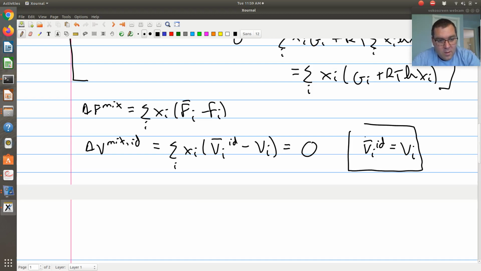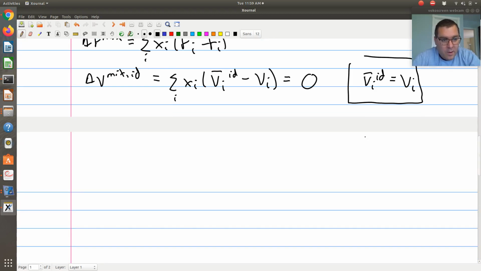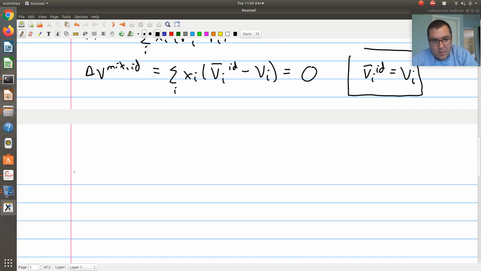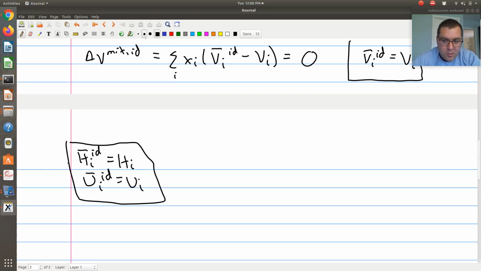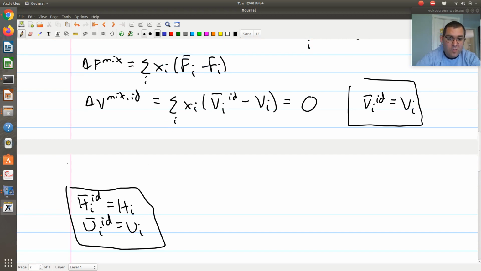Now, we won't bother with enthalpy and internal energy because they're exactly the same, but we'd also get that H bar i in an ideal solution, my partial molar enthalpy, is just equal to Hi, and U bar i in an ideal solution is just equal to Ui. So there are my expressions for partial molar enthalpy, internal energy, and molar volume in an ideal solution: the partial molar value is just equal to the pure component value.